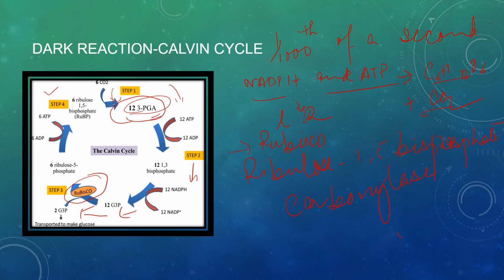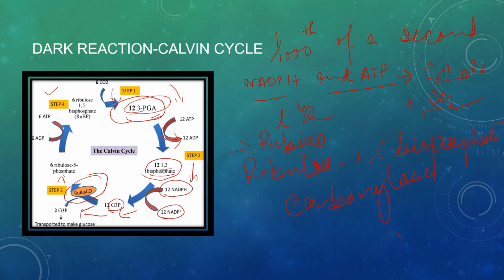Phosphoglycerate is also called phosphoglyceric acid. Then in the next step, by the absorption of ATP and the release of ADP, step 2, 1,3-bisphosphoglycerate or 1,3 BPGA is formed. Again, by the absorption of NADPH and the release of NADP, 3-glyceraldehyde phosphate is formed. Then they are transported to make glucose.